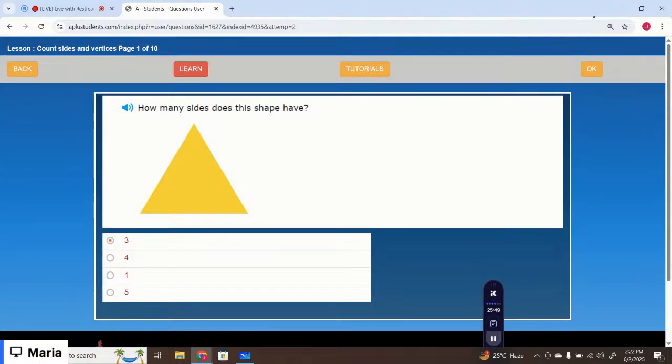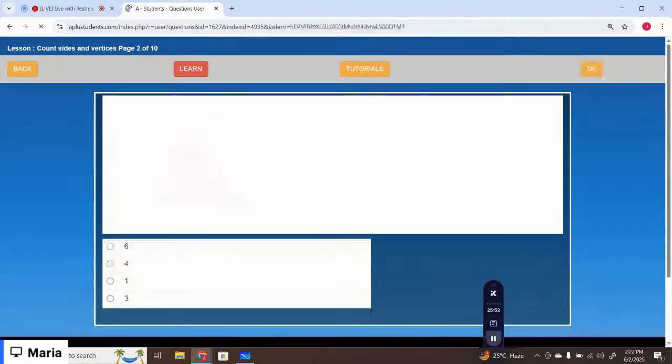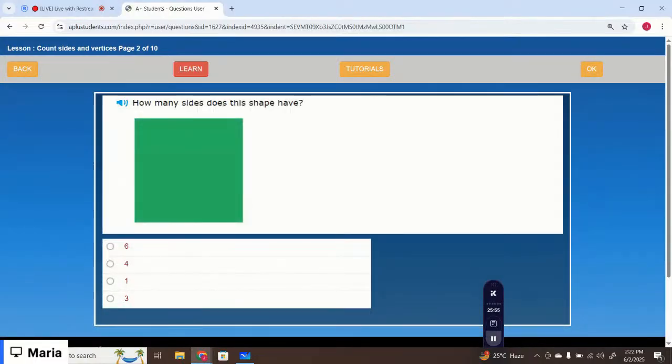That is a two-sided shape. Option one is the correct option. How many sides does this shape have?